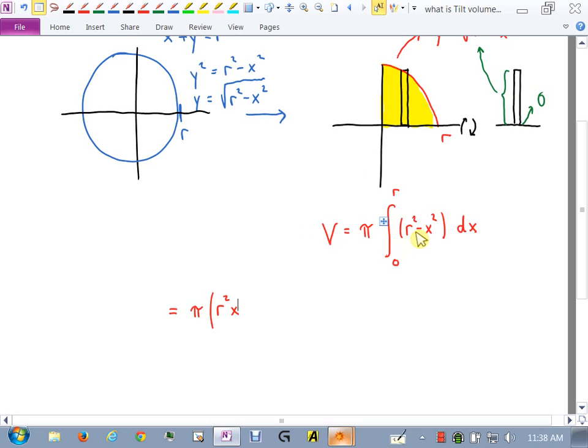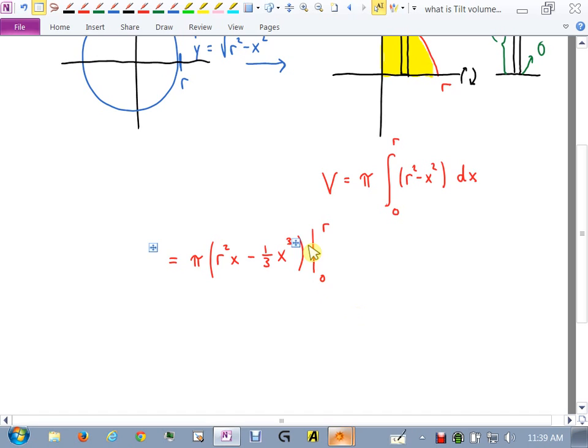Now, the antiderivative of x squared is 1/3 x cubed, because x is our variable. So I have minus 1/3 x cubed. And then I'm going to evaluate that from 0 to r. And I'm replacing what with r here? X, right? Replace the x with r. So what would we get? R cubed first, minus 1/3 r cubed.